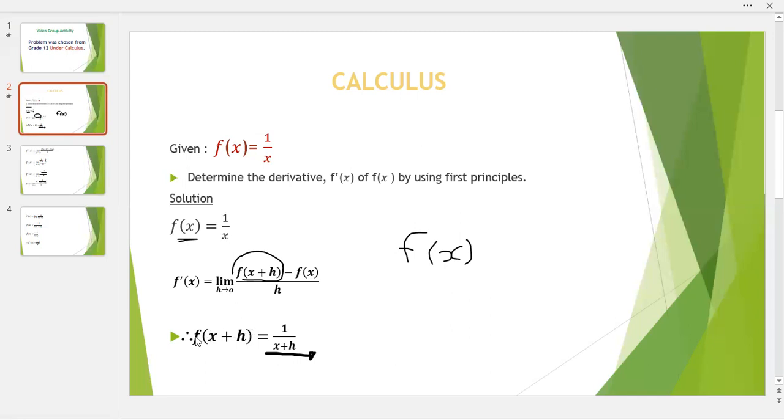We are going to say f of x plus h is equal to 1 over, at the value of x, we are going to substitute x plus h. So that's how we get f of x plus h equal to 1 all over x plus h.